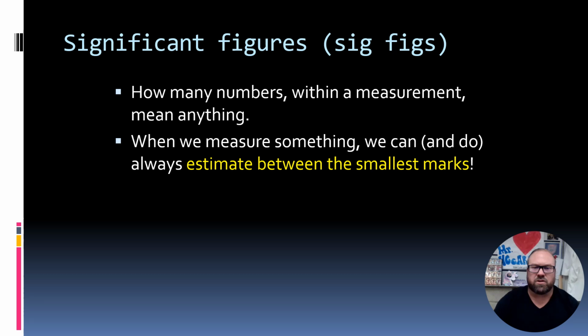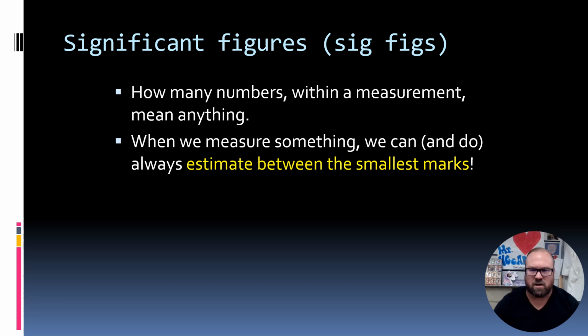So when we measure something, we can and do estimate between the smallest lines of measurement in our measuring device. For example, if you look at a ruler, you're going to see the smallest lines on whatever size ruler that is. And for the human eye, we have a pretty accurate eye. It's very sharp. We're trying to look at where the object that we're measuring ends up in relation to the smallest lines of measurement on the ruler.